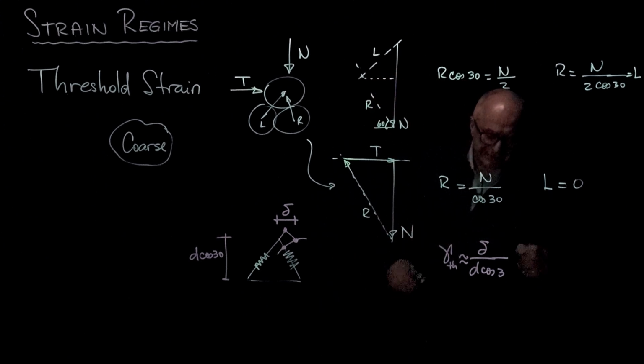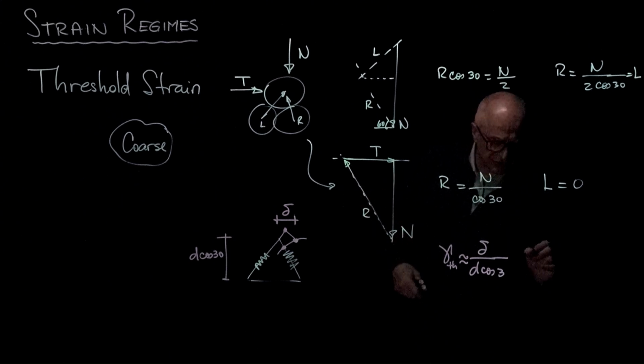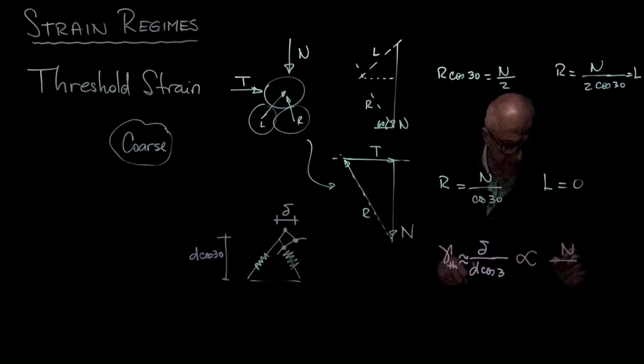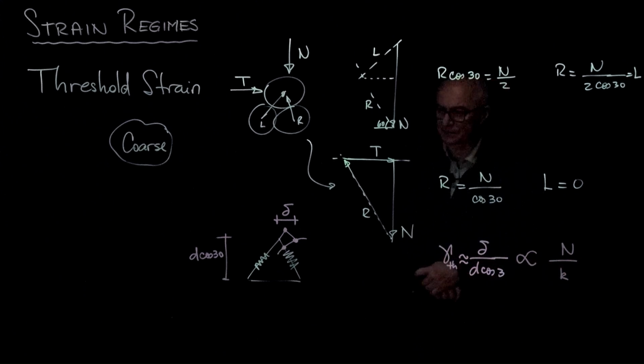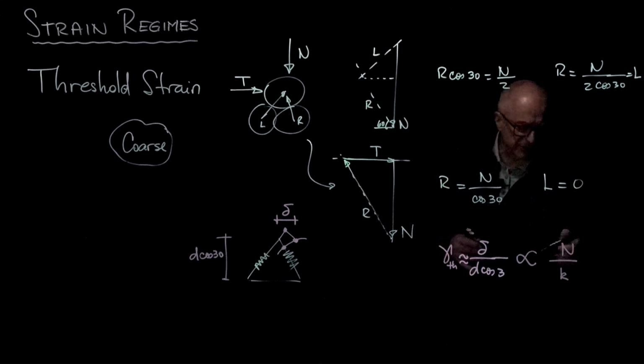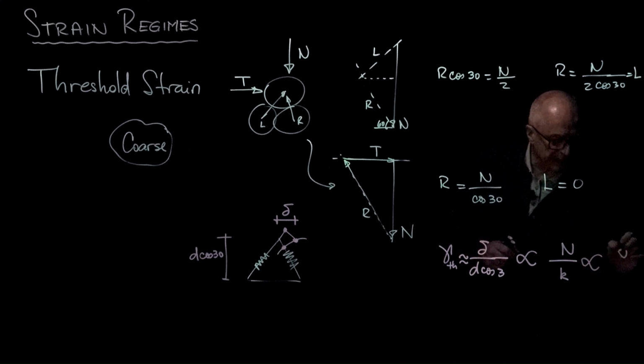When I replace this by the parameters that govern here, you're going to see that this is going to be proportional to the applied force N divided by the stiffness of the springs, which, by the way, I can relate to macro scale parameters, divided by the diameter square and the length, and I can conclude that this is going to be proportional to the applied initial stress divided by the modulus of the particles. Let's say the Young's modulus of the mineral that makes the particles.